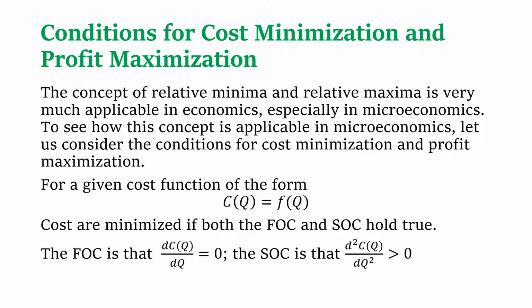Now if we have a cost function given as C equals f of Q, costs are minimized if both the first order condition and the second order condition hold true. If any one of them is not satisfied, then costs are not minimized. The same applies to profits. The first order condition for profit maximization is that the derivative of the profit function with respect to output must be equal to 0, and the second order derivative must be less than 0.